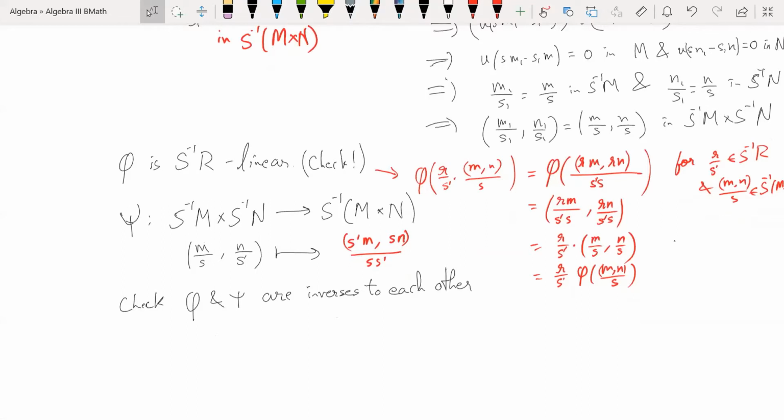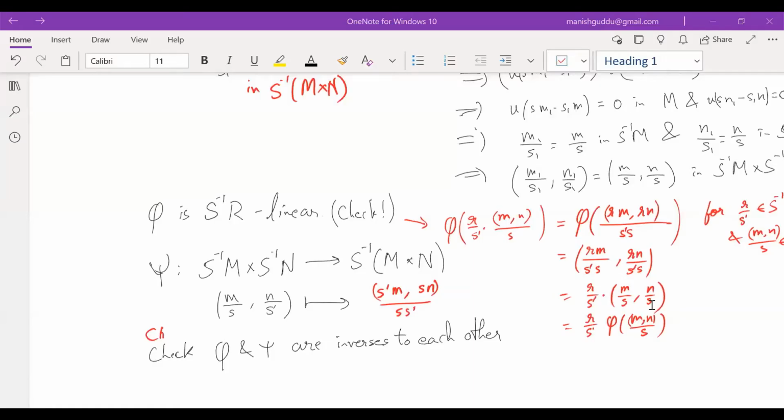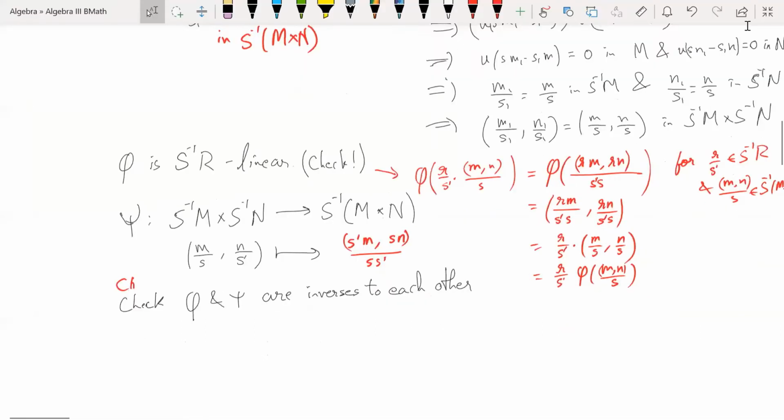Again, one has to check that C is well defined, because we are again using the components. So check that C is well defined, and the inverses too.